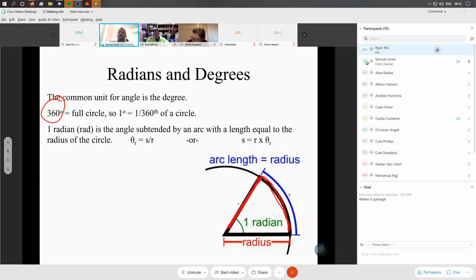Okay? Now, the technical definition is that your angle in radians is the ratio of arc length s to radius r. I have a question for all of you, and I'm watching the chat. What are the actual physical units of radians? Do they have physical units?